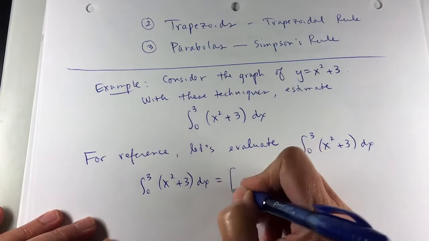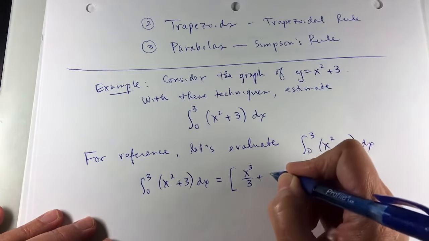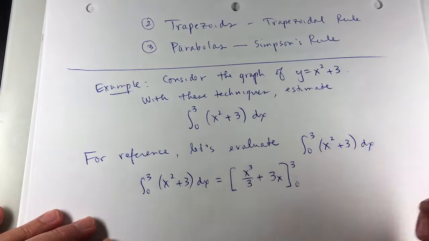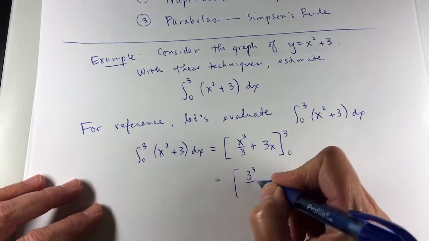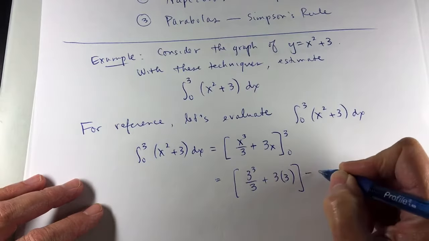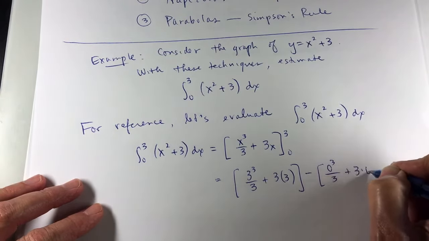Okay, the antiderivative is x cubed over 3 plus 3x. We're going from 0 to 3. So that's going to be 3 cubed over 3 plus 3 times 3, minus 0 cubed over 3 plus 3 times 0.